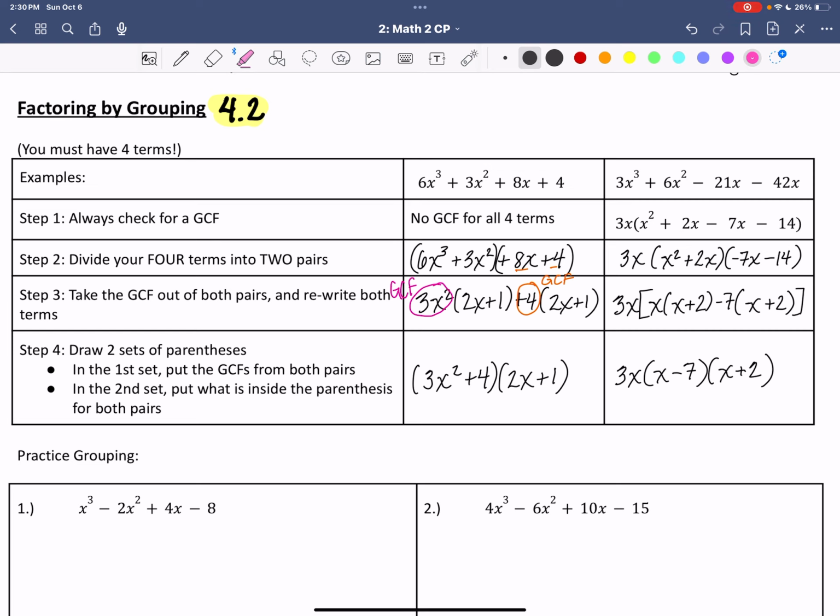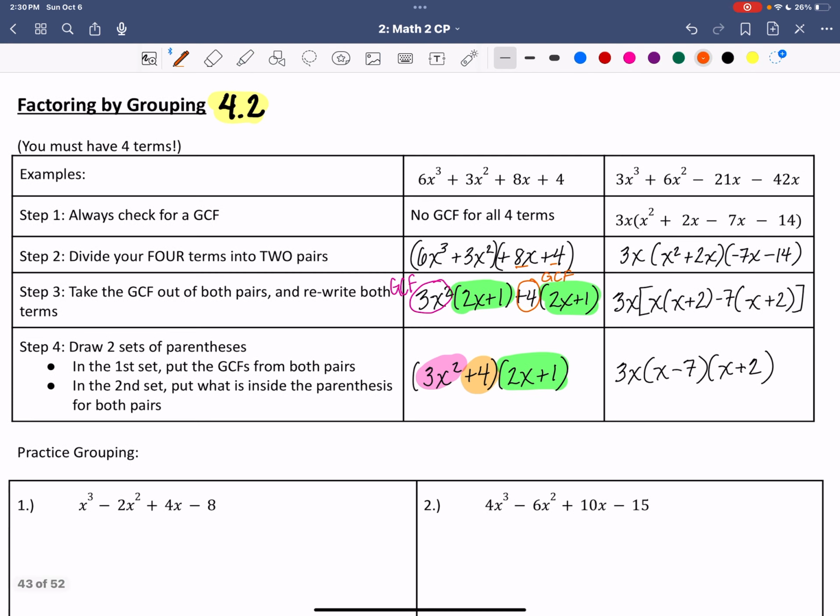So this 3x squared is right here, and this plus 4 is right here, and then whatever was left over, and I'll make it green, if you notice, these two are the same, and you just combine them to 1. And that's it. So you would write your final as 3x squared, which is what I have here, just minus the pretty colors.